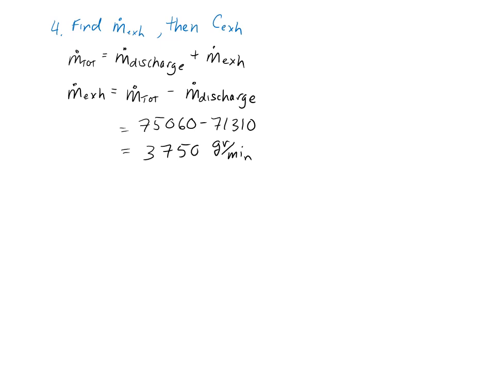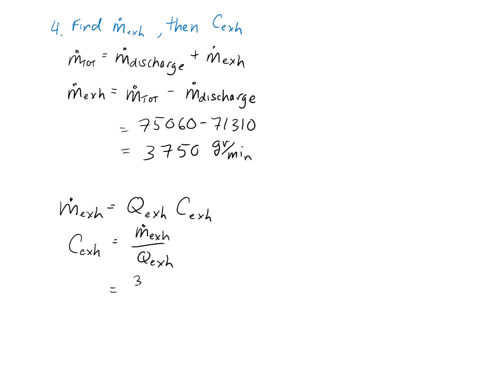Likewise, I could just take the total mass flow rate and multiply by 5%, and I would get the same thing. Now we know that the mass flow rate in the exhaust has to equal the volume flow rate of the exhaust, Q, times the concentration in the exhaust, which means that our concentration in the exhaust, if I just rearrange this, is equal to m dot of the exhaust divided by the flow rate of the exhaust.